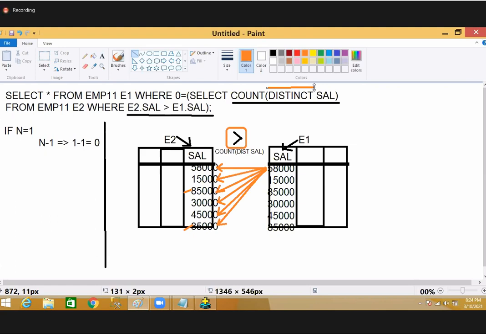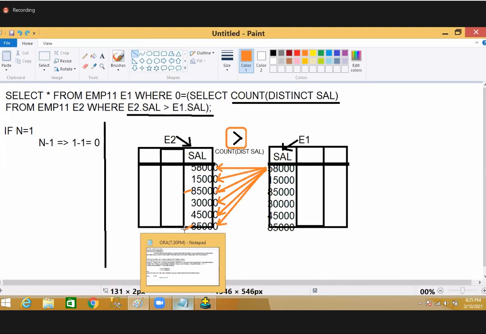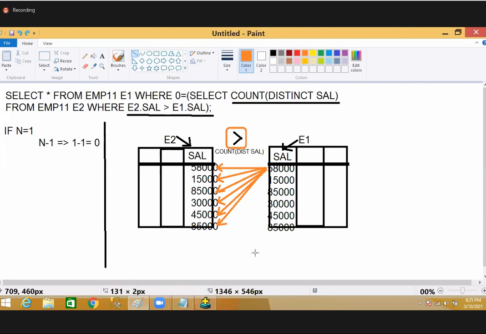Duplicates are not counted. So tell me, above 58,000, how many salaries are there which are more than 58,000? One or two? One only, because 85,000 appears two times, but the distinct keyword means duplicates don't count.